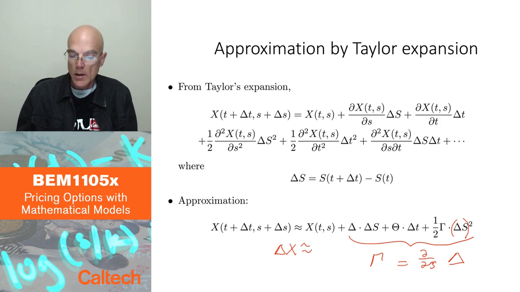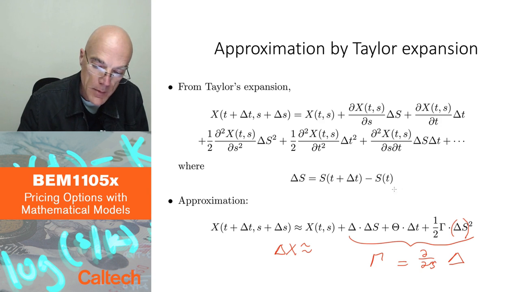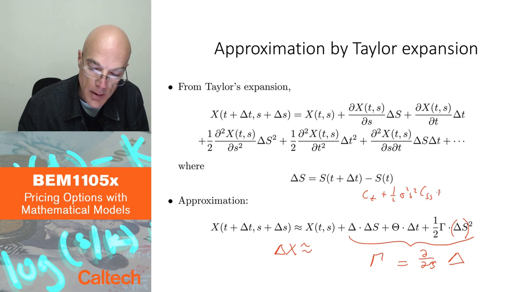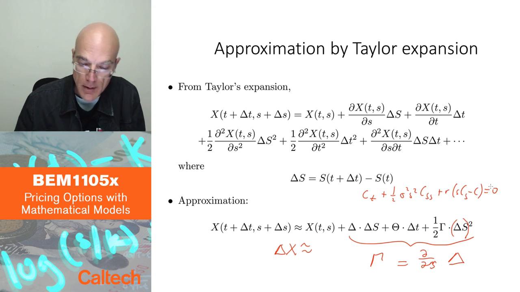Now, it may not be possible to keep them all close to 0, because after all we know that the Black-Scholes equation says that C_t plus 1/2 sigma squared S squared C_SS plus r S C_S minus r C equals 0.